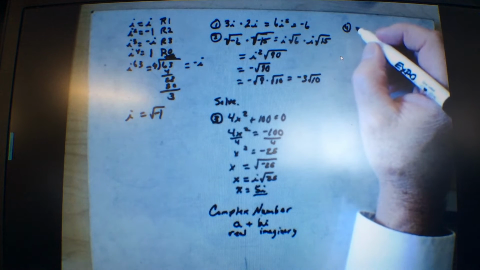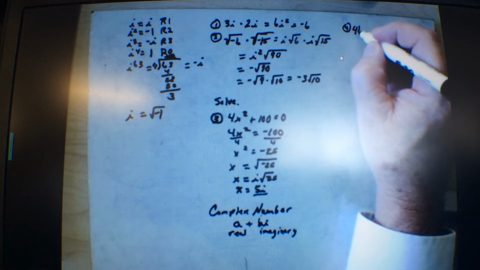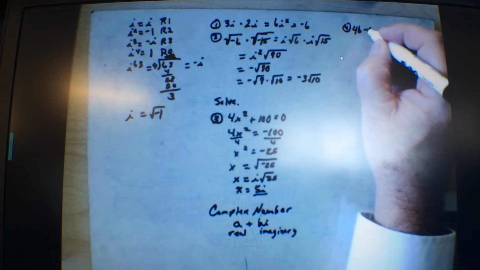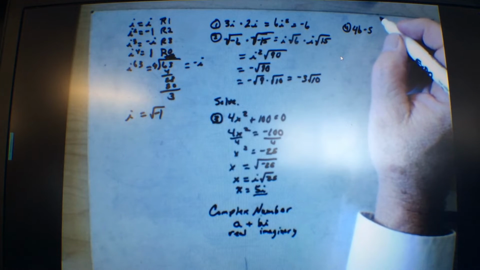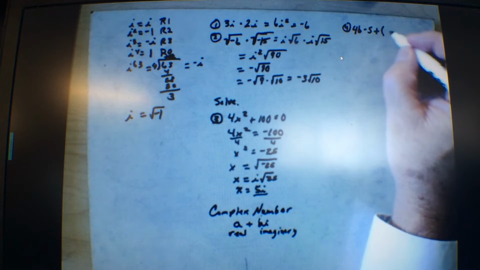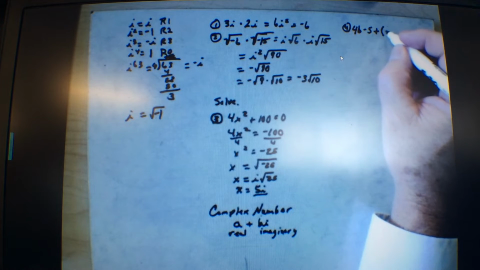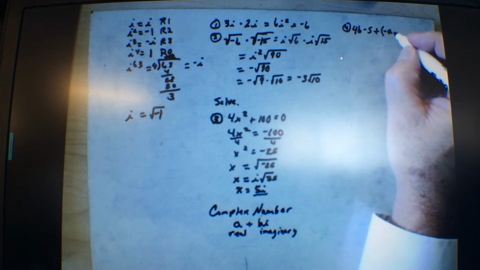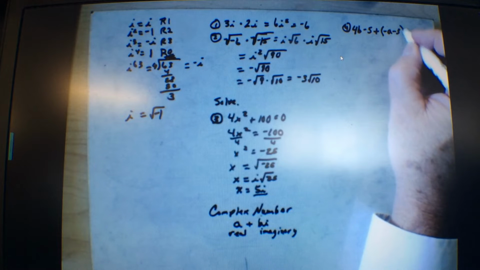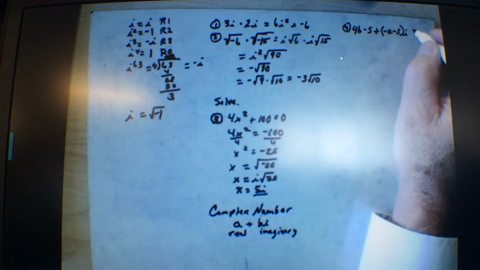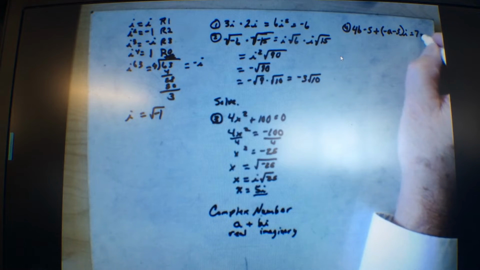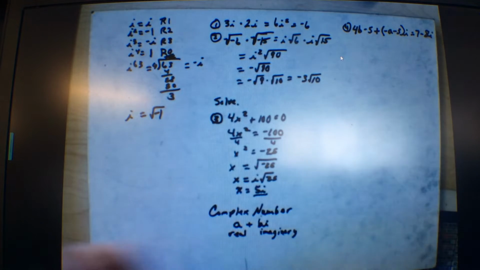Let's say I have 4b minus 5 plus parentheses negative a minus 3i equals 7 minus 8i. Now this looks like a bunch of gibberish until you really look at it.